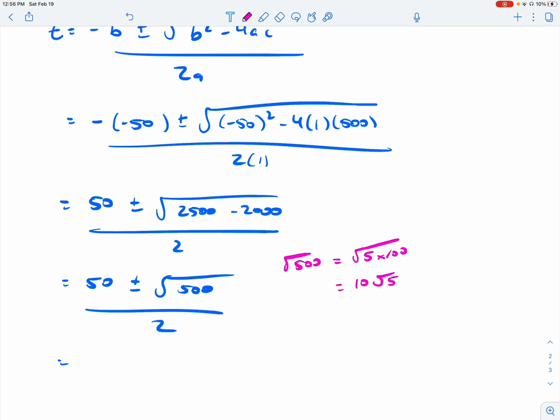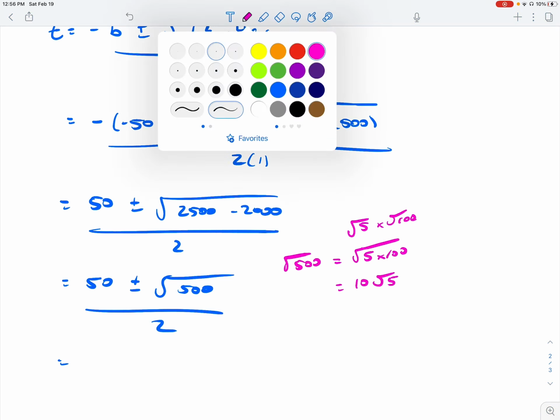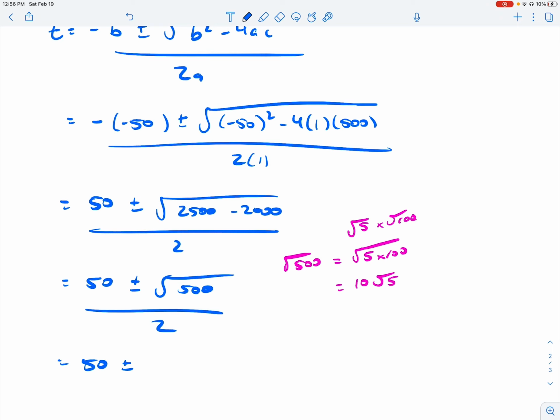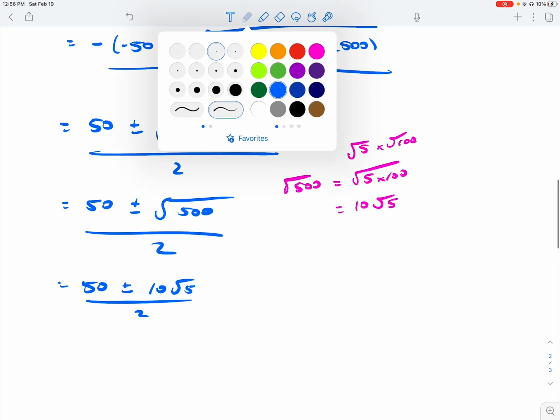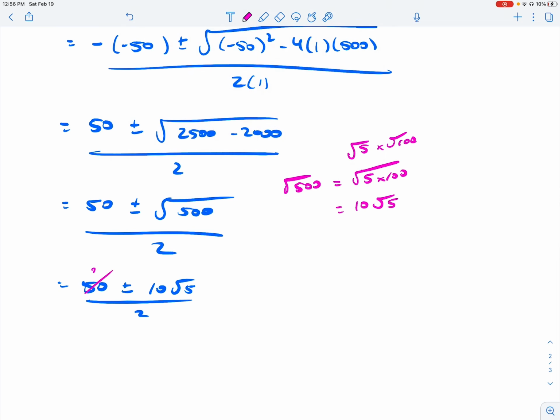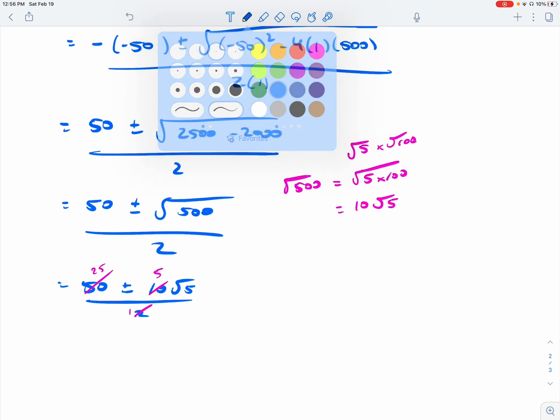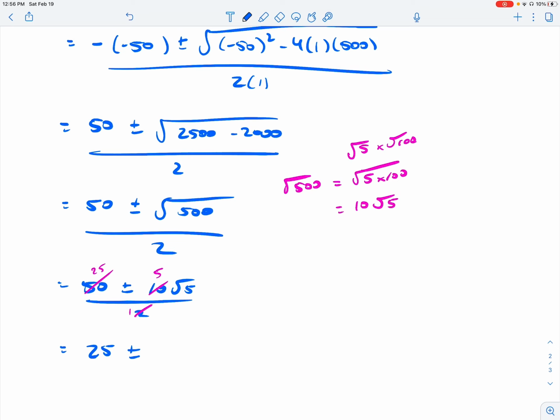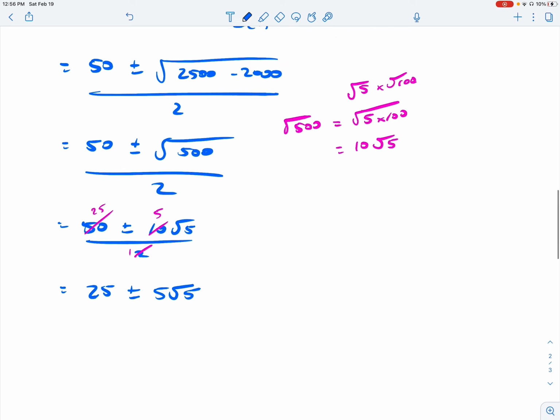Sometimes I even write these as root 5 times root 100, and then you can really see where the 10 comes from, right? So 10 root 5, let's plug that back in. 50 plus or minus 10 root 5 over 2. Notice I can easily divide these out by 2. That'll be 25, that'll be 5, and that is gone to just 1. So we have 25 plus or minus 5 root 5. All right, so that's the exact value.